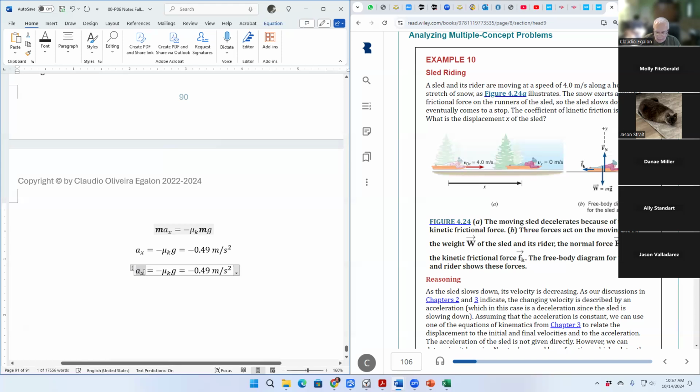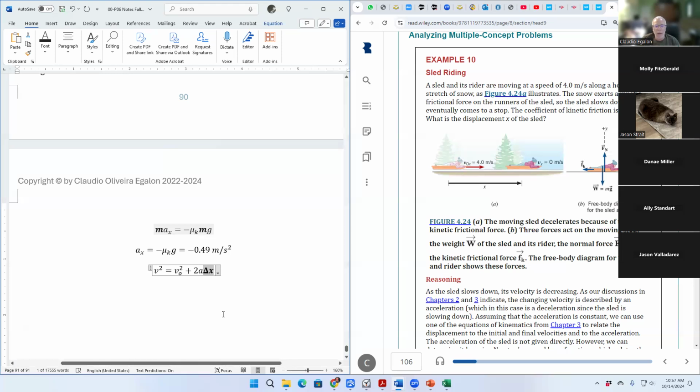And we have that equation: v squared, final velocity squared, is equal to the initial velocity squared plus 2a delta x. Remember this equation? We want to find this guy right in here.